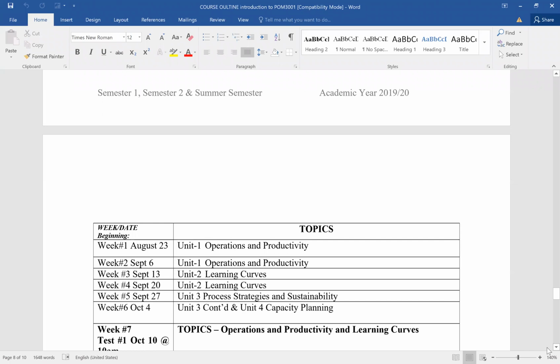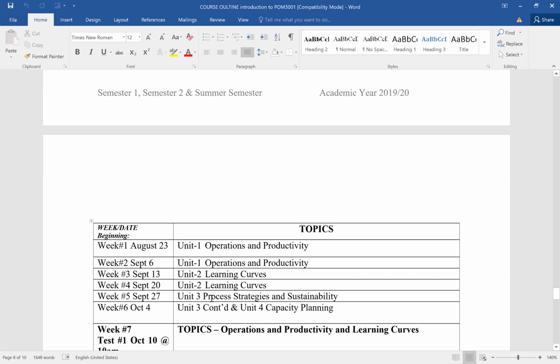There's a lecture on the learning curve, so once we finish with operations and productivity, you can go to the lecture, and then in that class we will just work problems out. I will still touch on some of the theories behind the learning curve though.